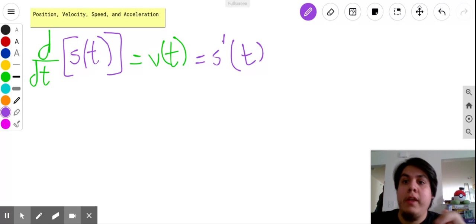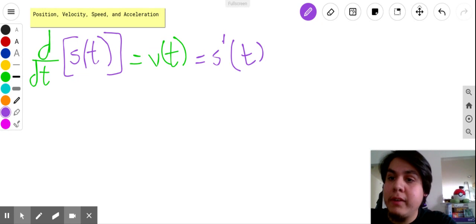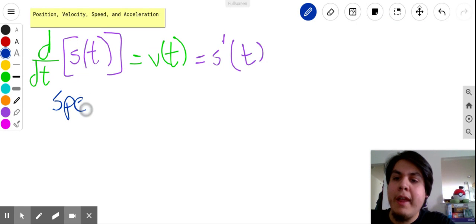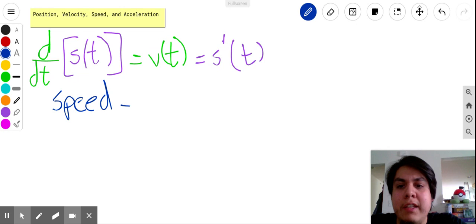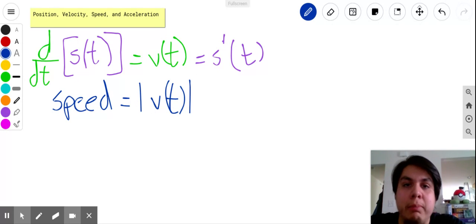Now, if we're talking about speed, speed and velocity are very similar, but there's an important distinction about them. Speed is the absolute value of velocity. It's telling me how fast is something moving.